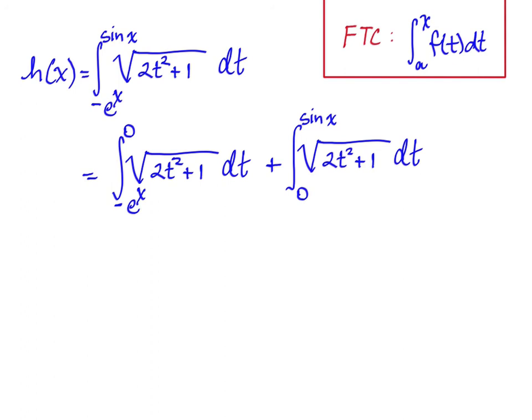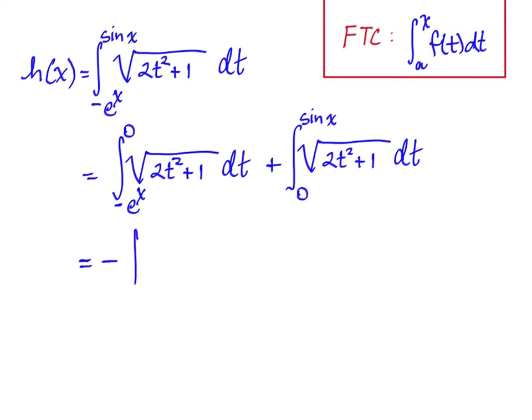So now the second integral is in the right form. We know we can use the fundamental theorem plus the chain rule on that one. But the first one isn't quite ready. So we can use another property of definite integrals, and we can swap the limits of integration. We can go in the reverse order as long as we change the sign.